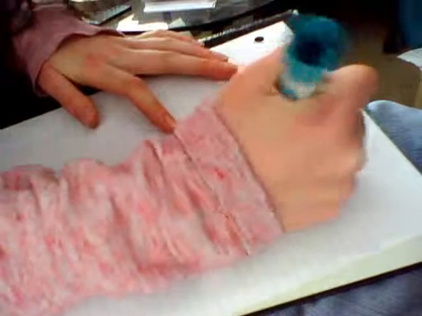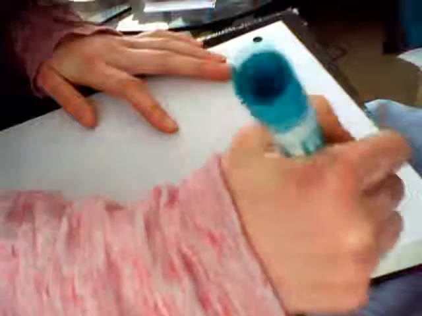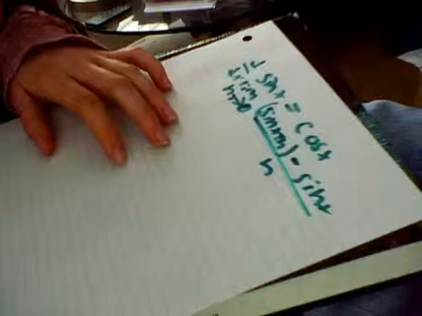So I do the limit as h approaches 0 of sine of x plus h minus sine x, over h. And then you can just use the formula.